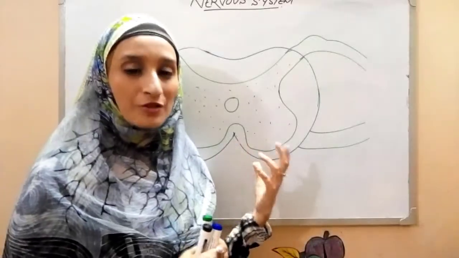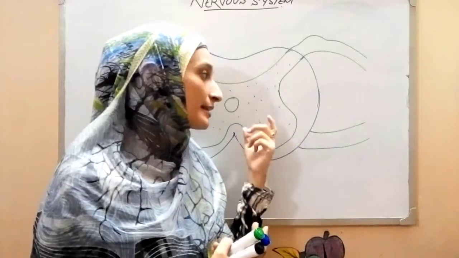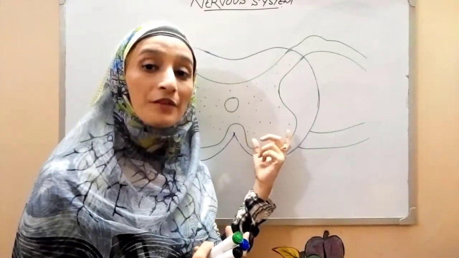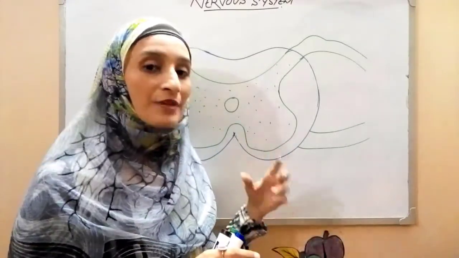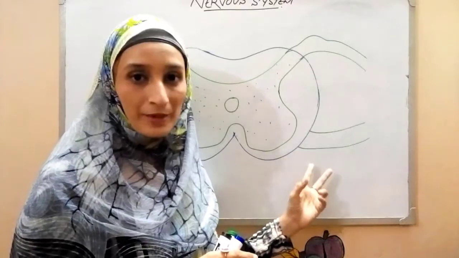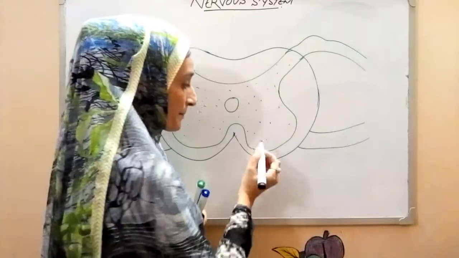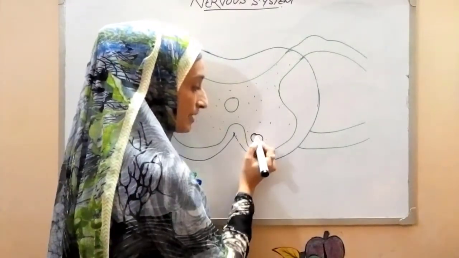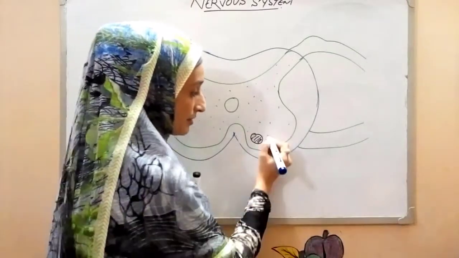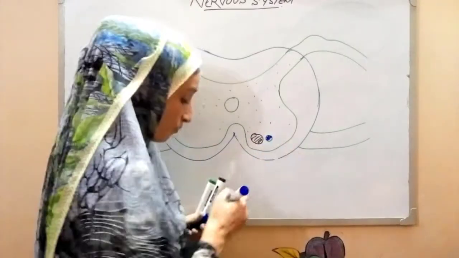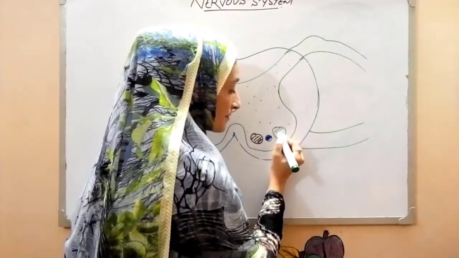For the purpose of description and understanding on the basis of the functional components, the nerve cell bodies present in the anterior horn of the spinal cord have been grouped into different cell body groups. So we have three different groupings in the anterior horn of the spinal cord, namely the medial cell body group, then the central cell body group, which is the smallest of the three, and then the lateral cell body group.